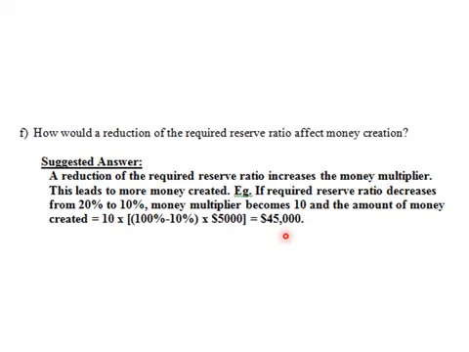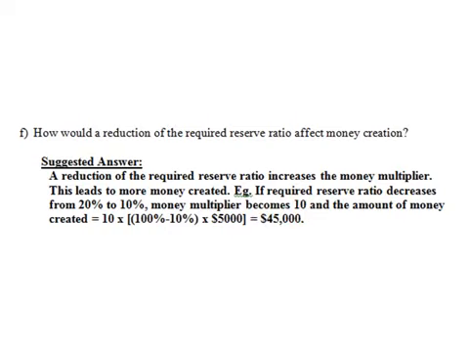So take note, when your required reserve ratio goes down, your money multiplier goes up. Just now, when the required reserve ratio was set at 20%, your money multiplier was 5. Now, when the required reserve ratio is set at 10%, your money multiplier becomes 10.